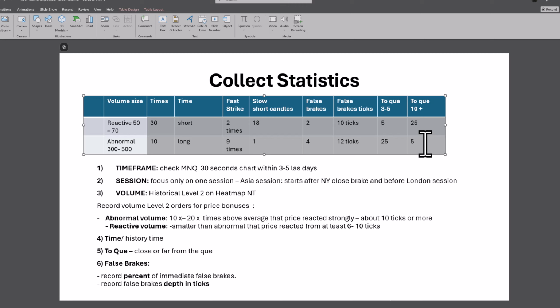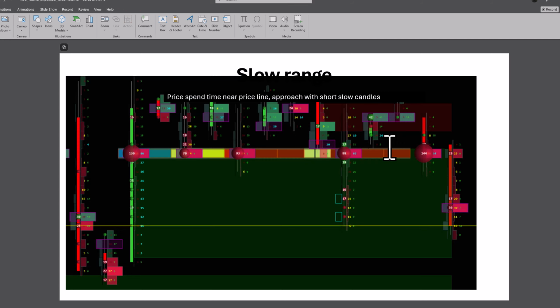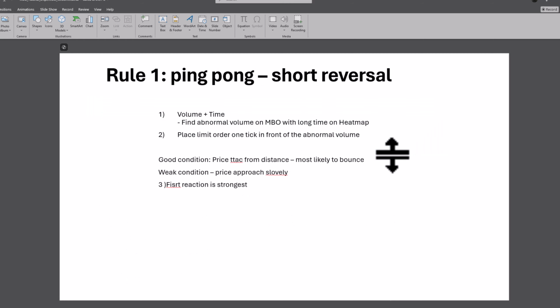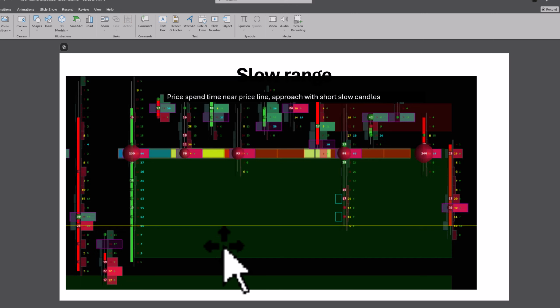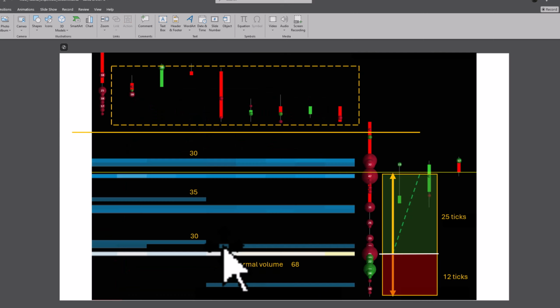Now, there is another parameter: the order's place in the queue. I already covered it a little on this slide.